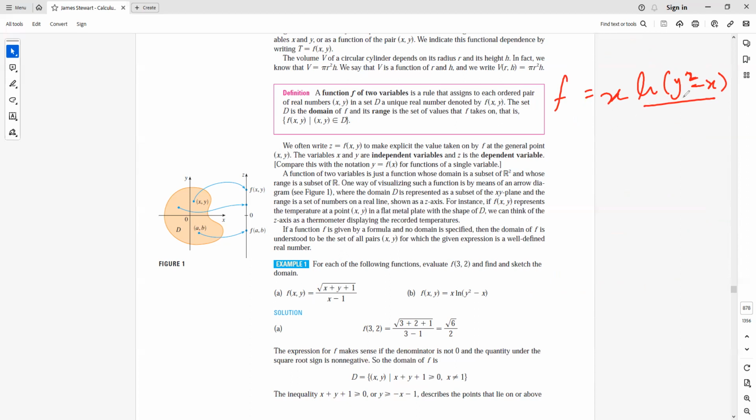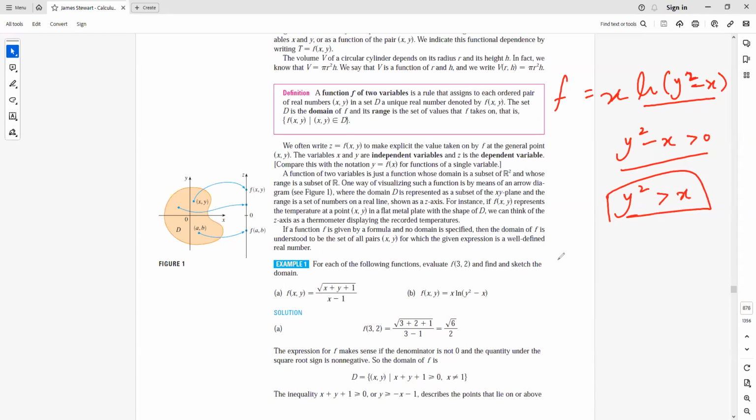So we can say that y squared minus x should be greater than 0. It cannot be 0 because ln 0 is undefined, and also it cannot be a negative value because ln is not defined on negative values. So this implies that y squared should be greater than x. It's not 0, it's x, right?